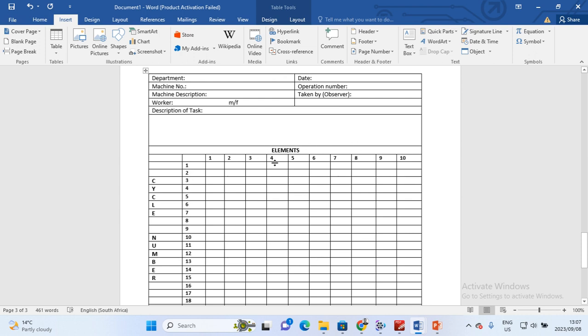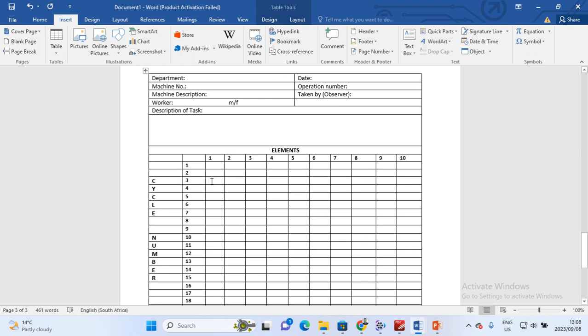On our first one, we have the first element in the first cycle. We have the first element in our second cycle. We have the first element in our third cycle.